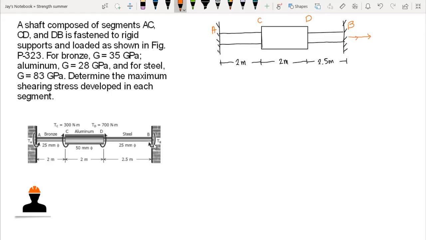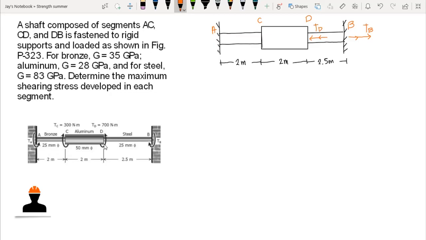So that is our TB. Now similarly, for the twisting moment at D, we apply again our right-hand rule, and we see that our thumb is pointing directly to the left. So we have our twisting moment at D represented by a double-headed arrow pointing to the left.